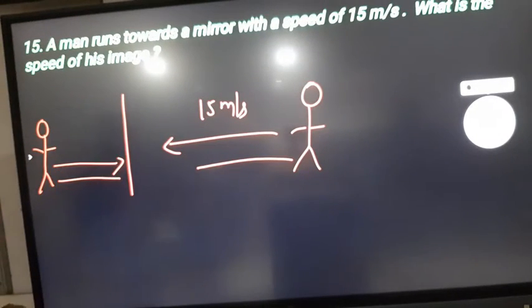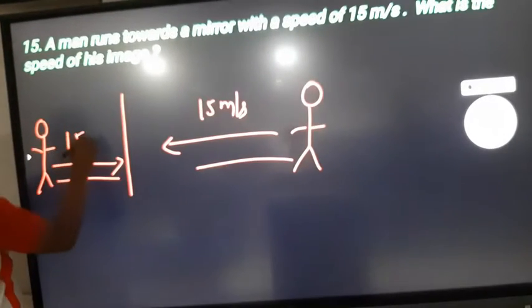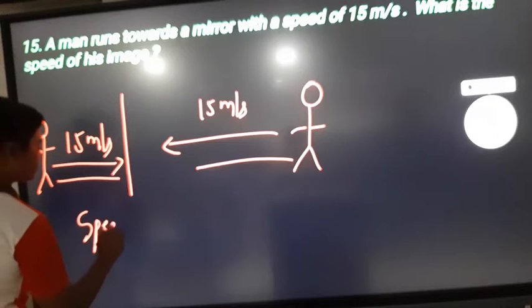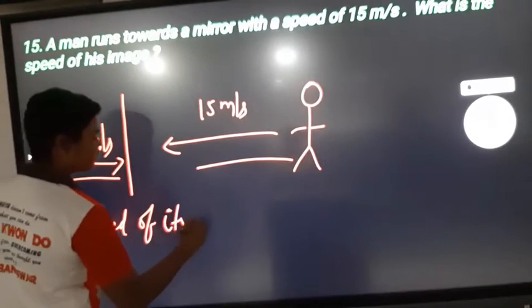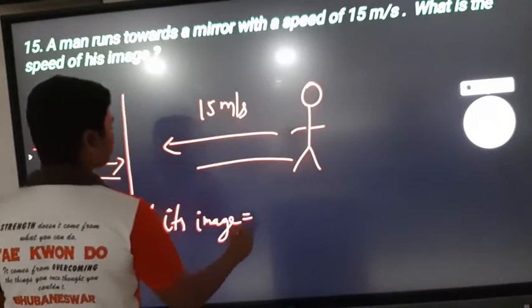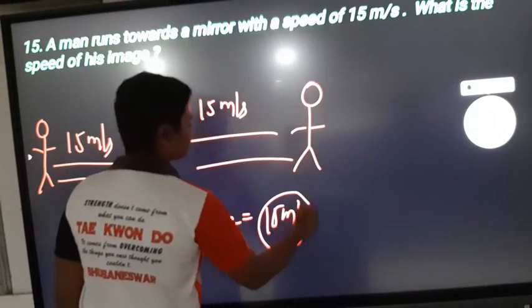So both the speed and the distance are the same. So the speed of the image will also be 15 meters per second.